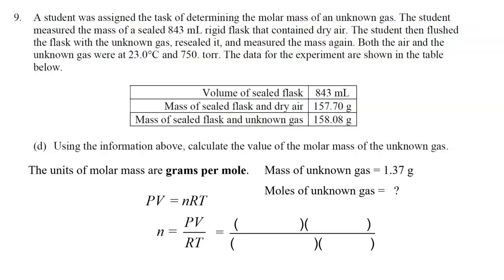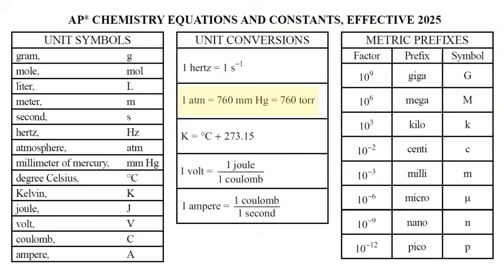Now, for gas pressure, we were given a value of 750 torr, but we have to convert that into units of atmospheres. So if you look on your AP Chemistry equation sheet, you can see that there is a unit conversion that says 1 atmosphere is equal to 760 torr.